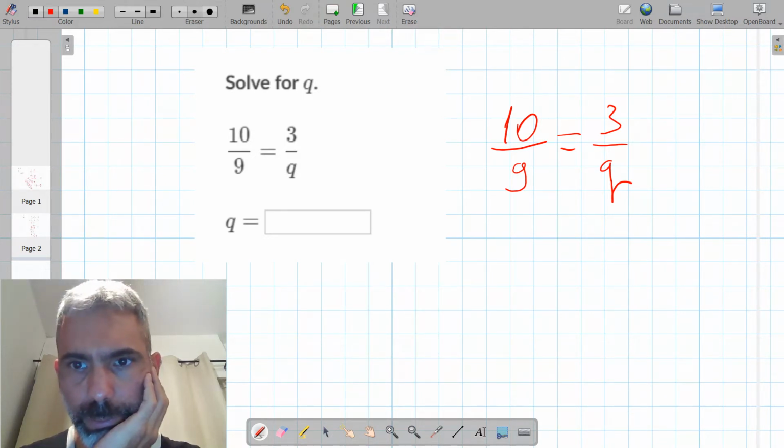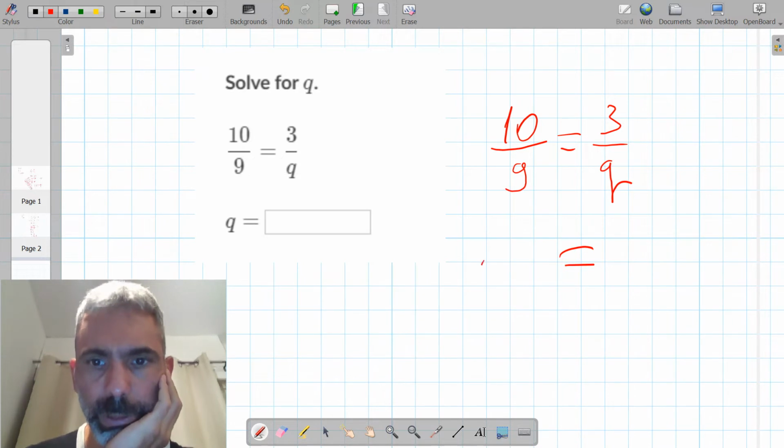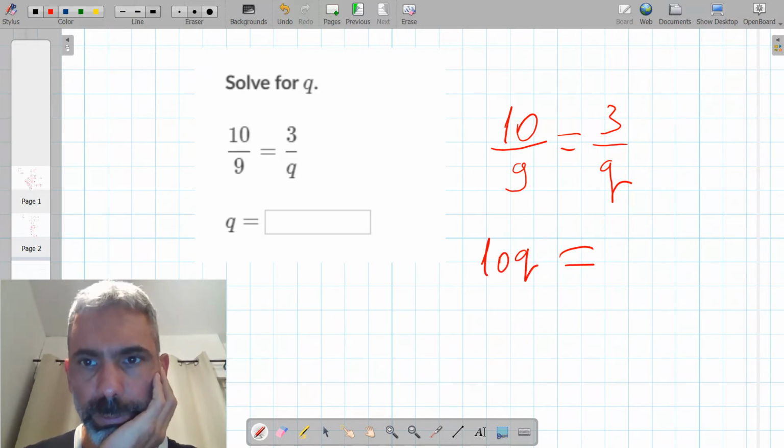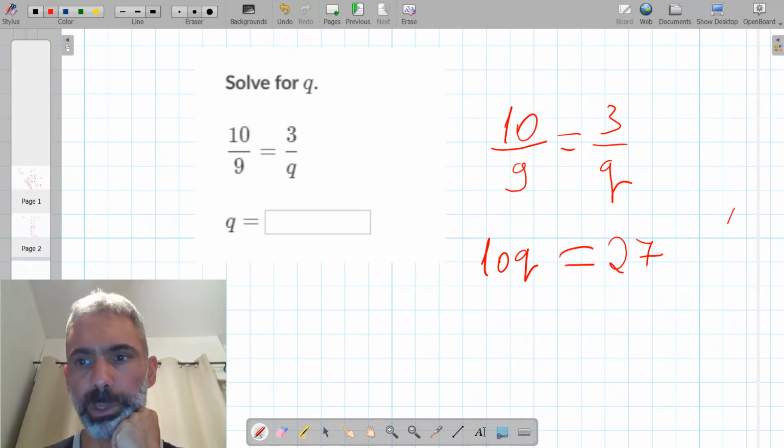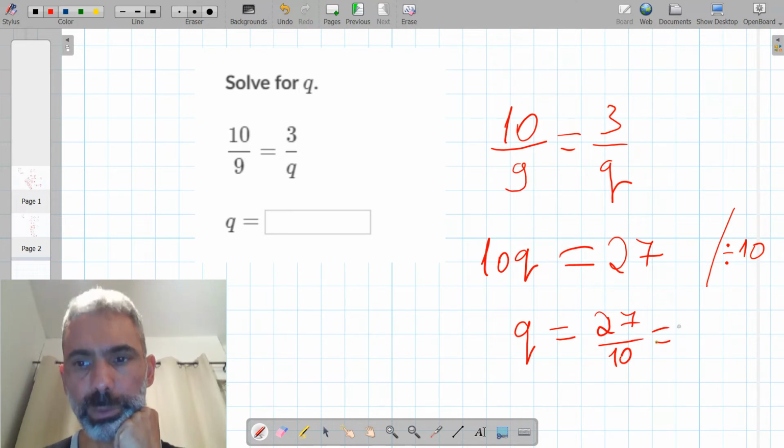So we get 10q, cross multiply the 10 with the q and the 3 with the 9. 10q equals 27. 3 times 9 is 27. So we divide both sides of the equation by 10 to get rid of the 10 here, so we also isolate the q. So q equals 27 divided by 10, which is 2.7.